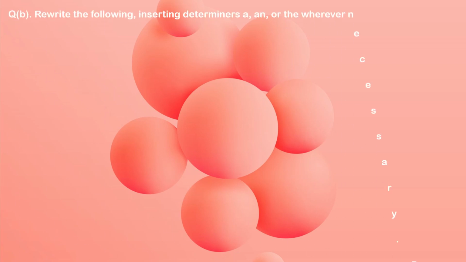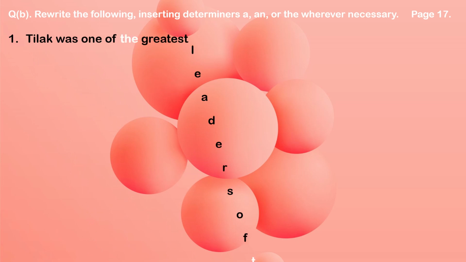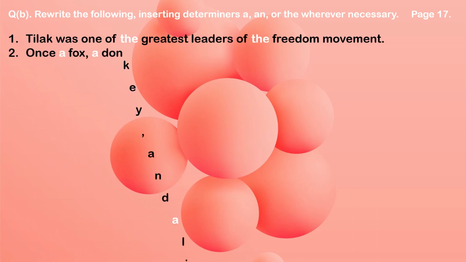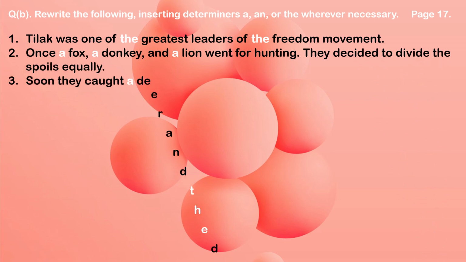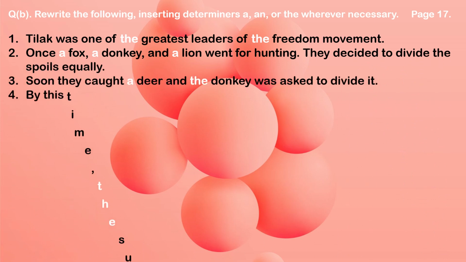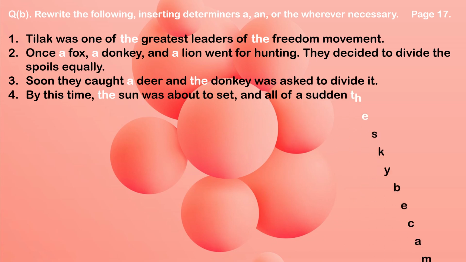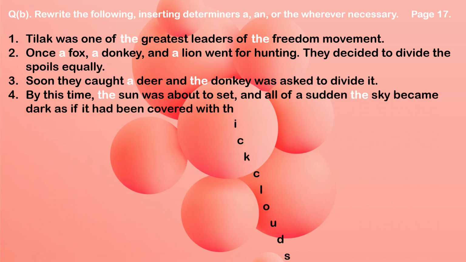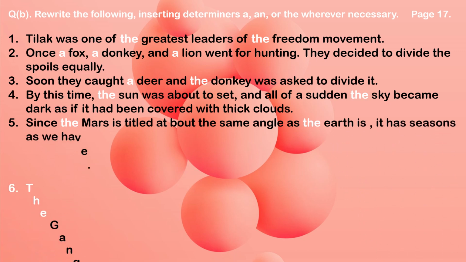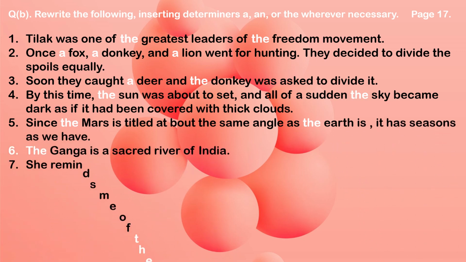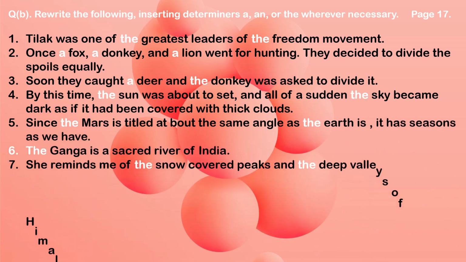Question B: Rewrite the following, inserting determiners a, an, or the wherever necessary, on page number 17, children. Here, whatever is in white colour, those are the determiners. So kindly copy this down as your answers. These are all the answers, not the questions. Okay. So these are the answers. Kindly copy down in your workbook.